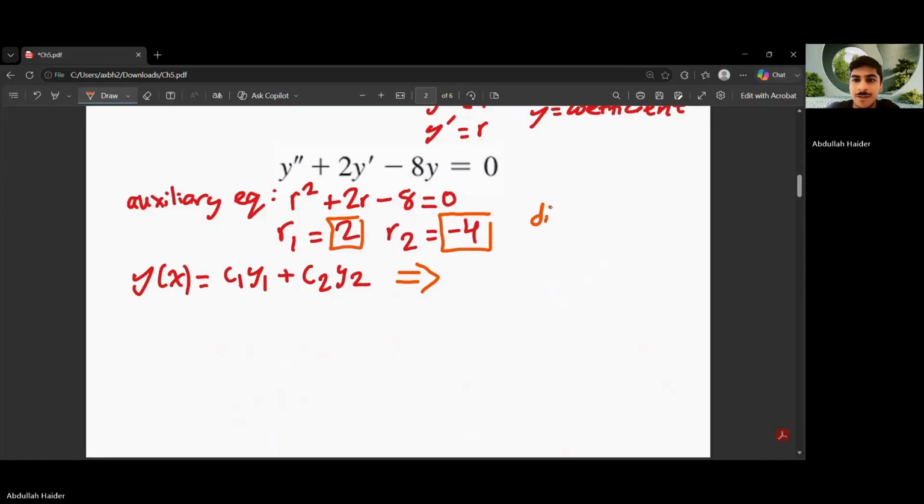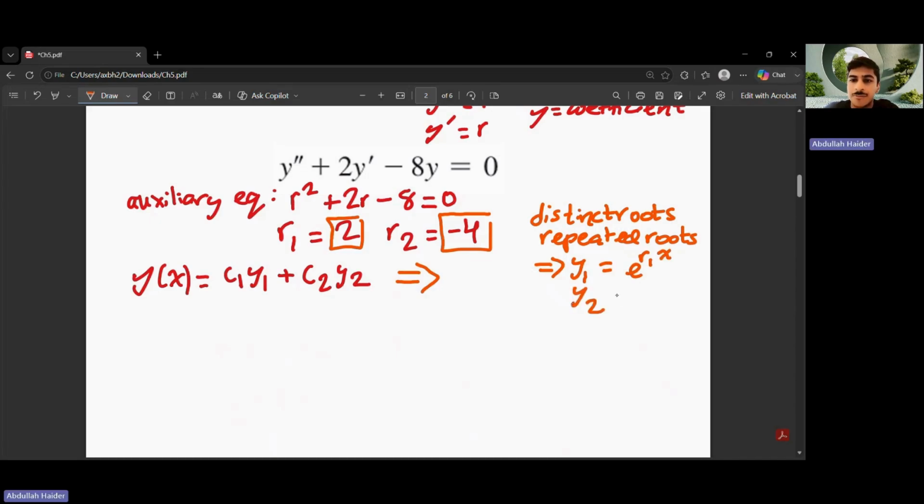When we have distinct roots and when we have repeated roots, we take y1 as e power r1x and y2 as e power r2x.